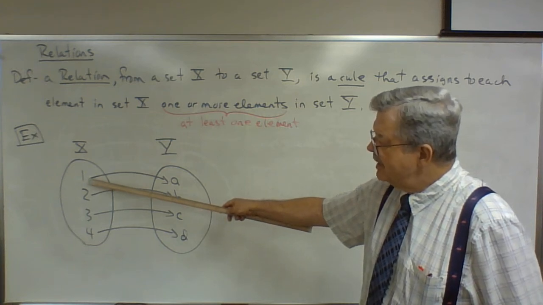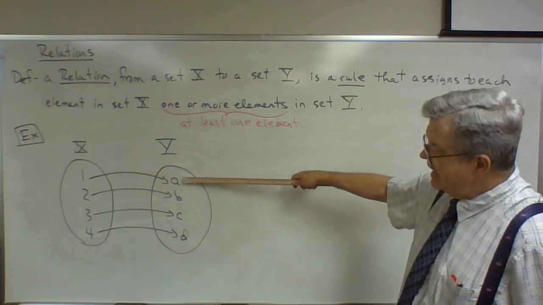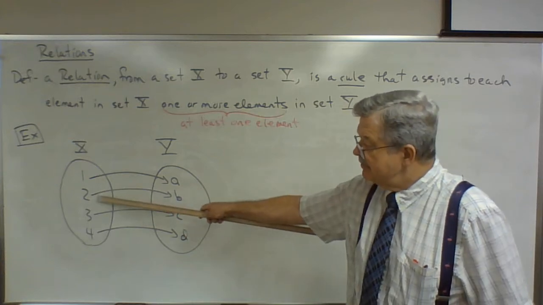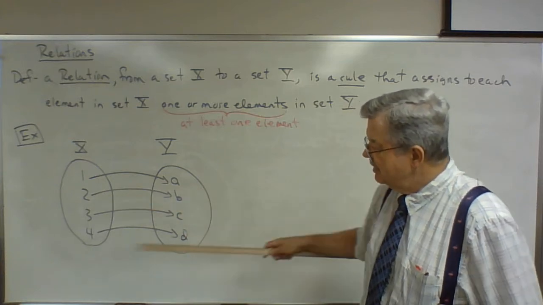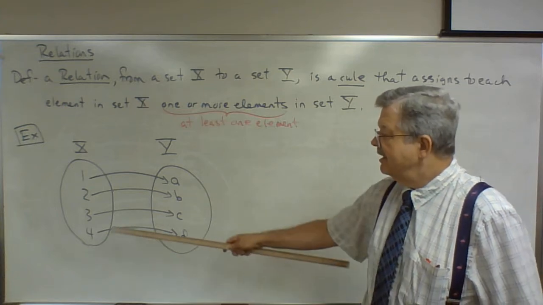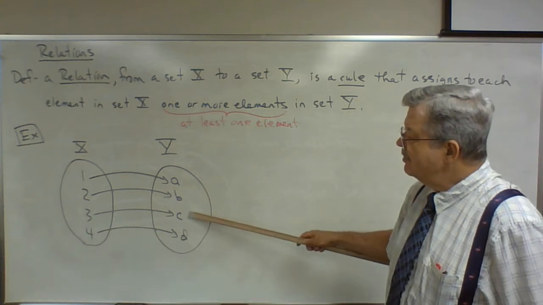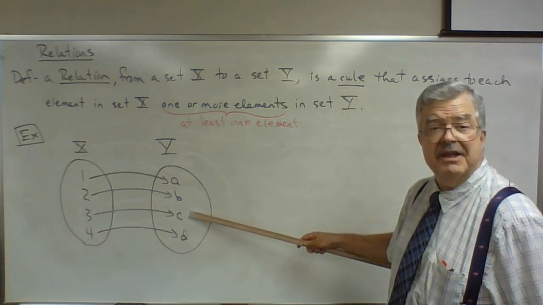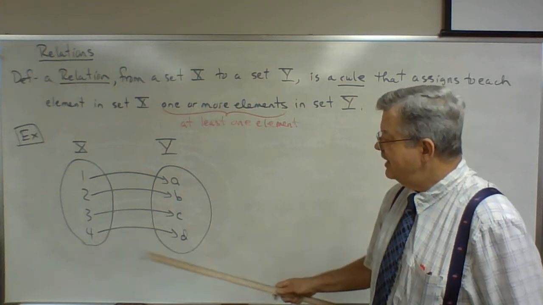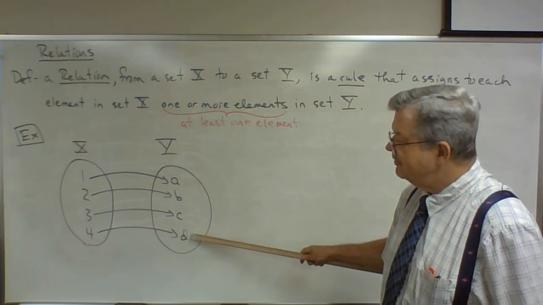To the element 1 in set x, the rule assigns the element a in set y. To the element 2 in set x, our rule assigns the element b from set y. To the element 3 in set x, our rule assigns the element c in set y. And to the element 4 in set x, our rule assigns the element d in set y.